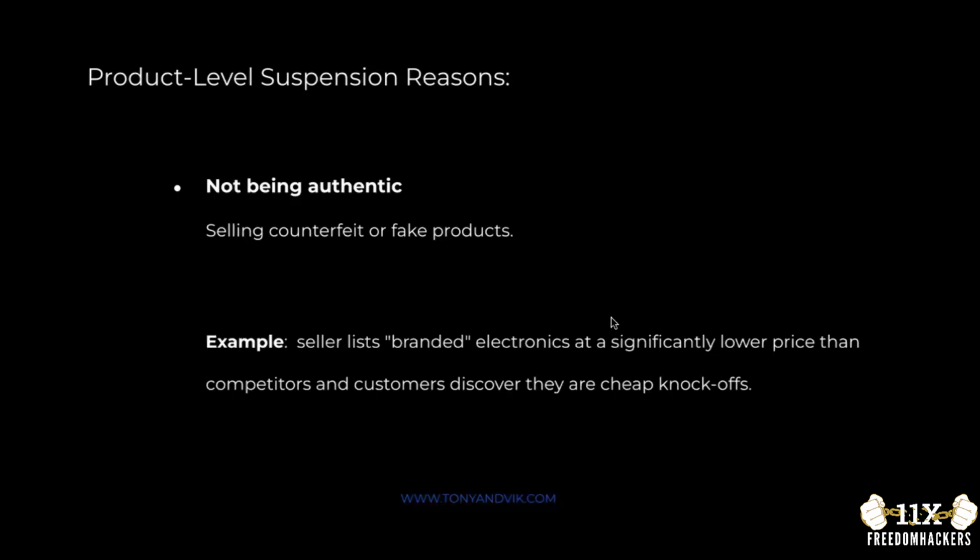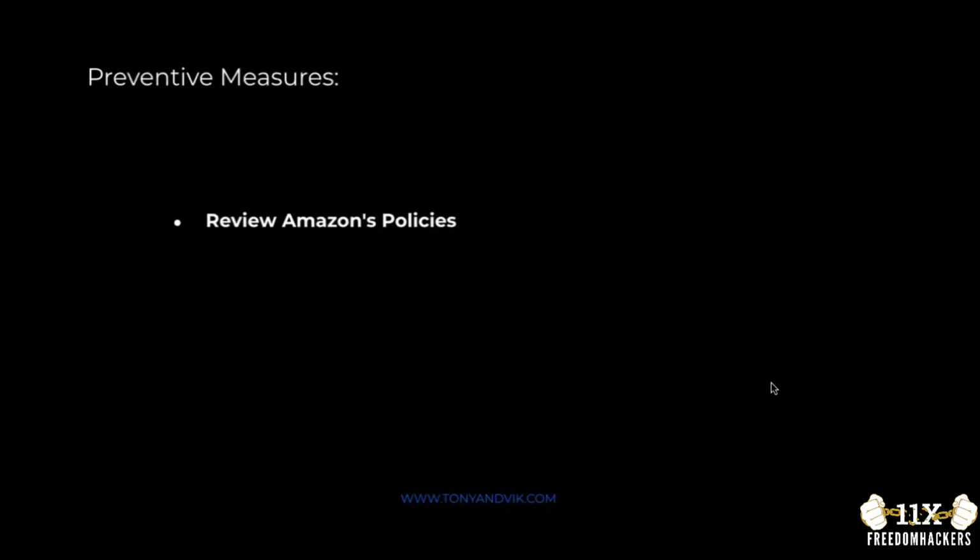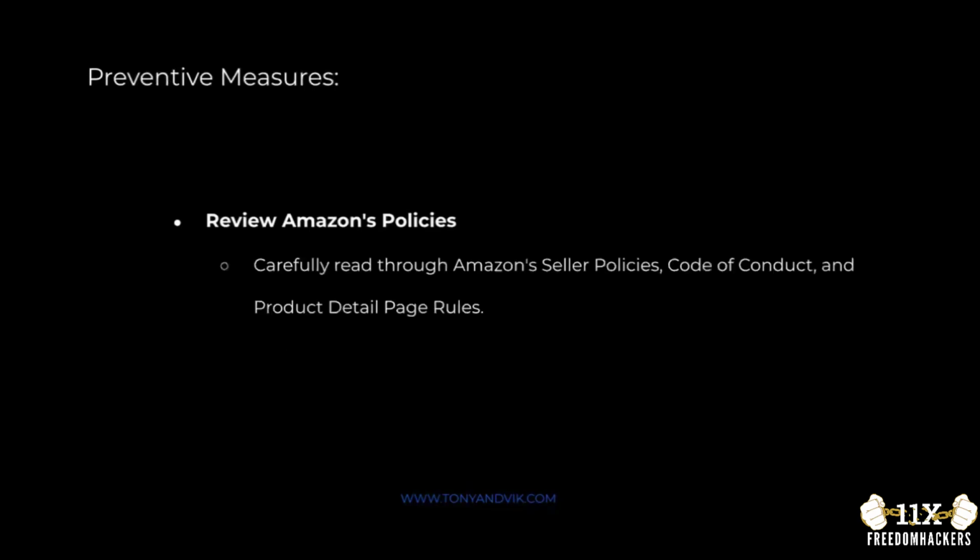So an example would be that a seller lists branded electronics at a significantly lower price than competitors, and customers discover they are cheap knockoffs. That's a blatant violation of the rules. It's pretty obvious, right? Then what can we do so that we don't end up in these situations, or at least minimize the risk?